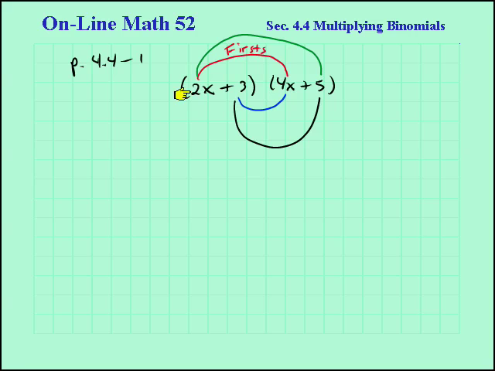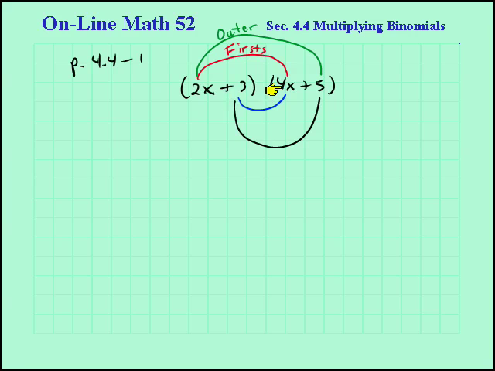Secondly, we can think of the 2x times the 5 as a product of the outer terms. These are the farthest away terms, kind of the outer of these, and so we'll consider that the outer product. Similarly, the 3 and the 4x are like inner terms.